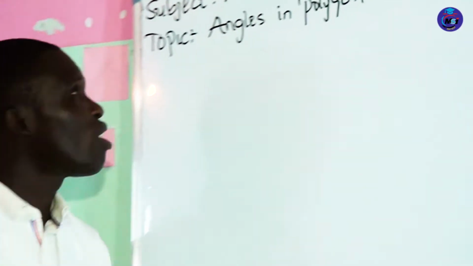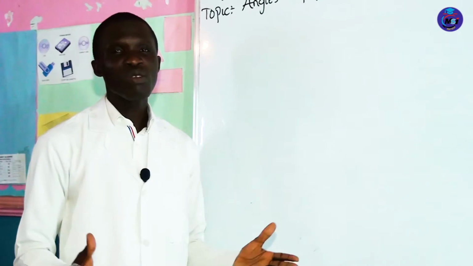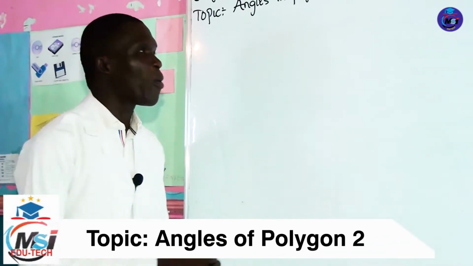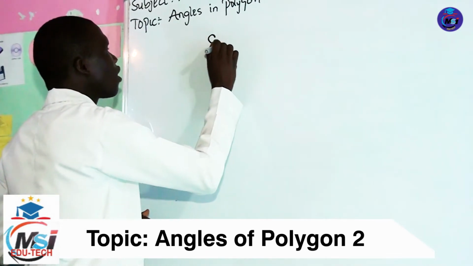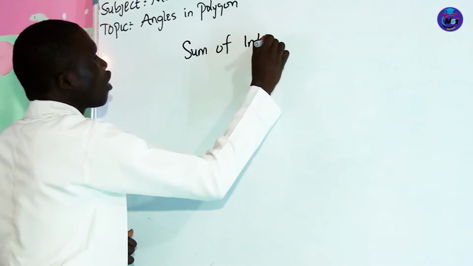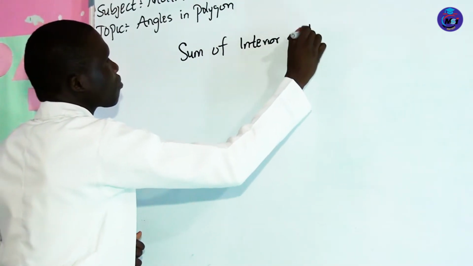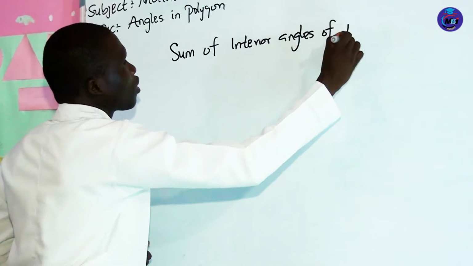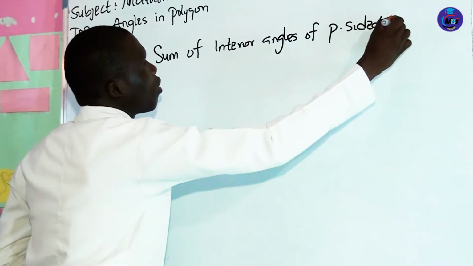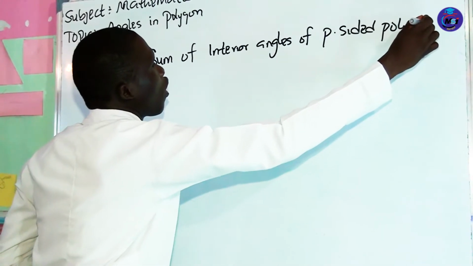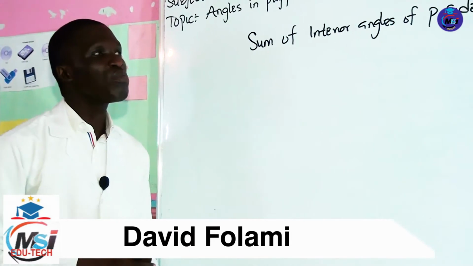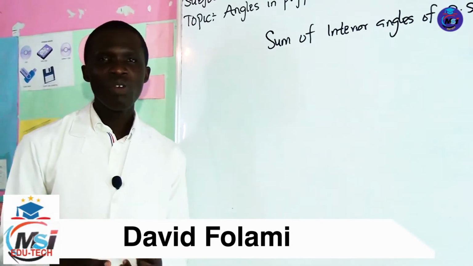Okay, in continuation of angles in polygons, we want to look at the sum of the interior angles of a p-sided polygon. Now, in finding the sum of interior angles of a p-sided polygon, what are we going to do?